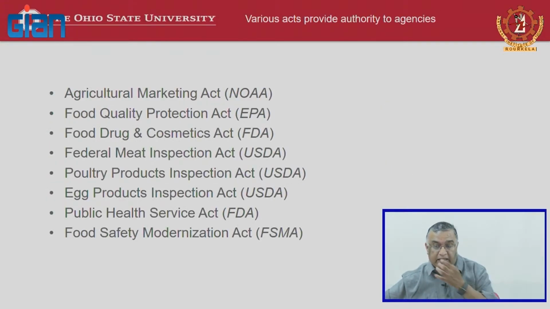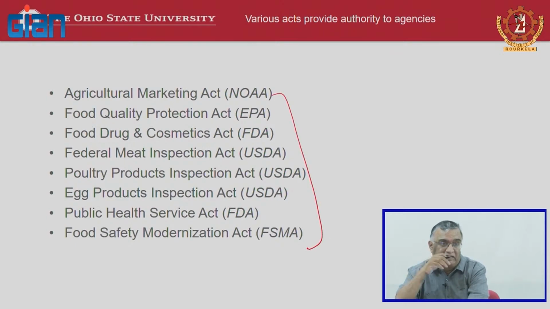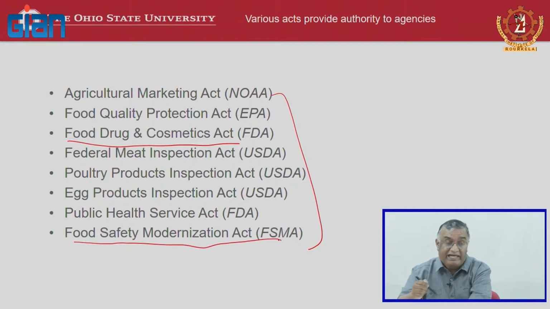Like I said, the agencies don't regulate by themselves. Congress has to provide them authorization, and these are all examples of authorization Congress provided. For example, one of the original ones is the Food and Drug Cosmetic Act in 1906, whereas among the recent ones is the Food Safety Modernization Act, which I think is about 5-6 years old now, and then you have the Egg Product Inspection Act and so on and so forth.